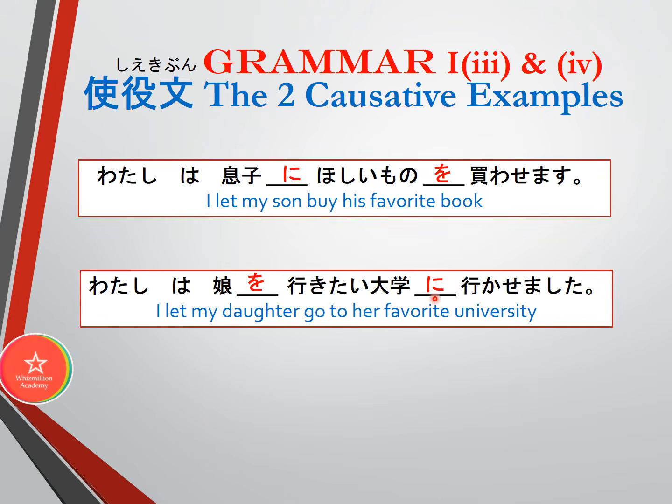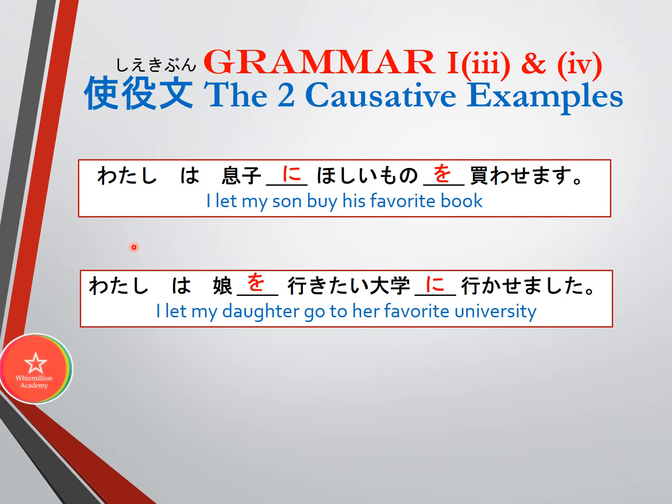This is not o because there's a direction, so it becomes ni. However, if this is a location but there's no direction and it's walking on it, then this is o, even though this is an intransitive verb. In this case, this is a noun but there's a direction, so it becomes ni, and we can safely use o because this is an intransitive verb.